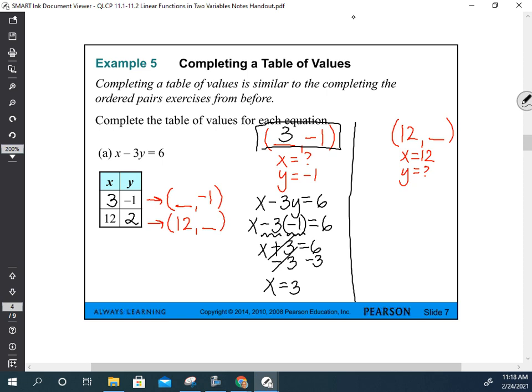So that's how that first one works. The second one works the same way. Take 12, plug it in. So, if you added 12, I know what you did wrong.